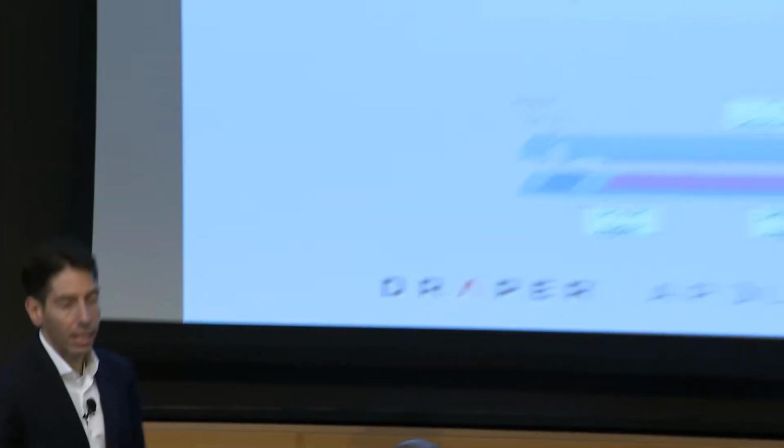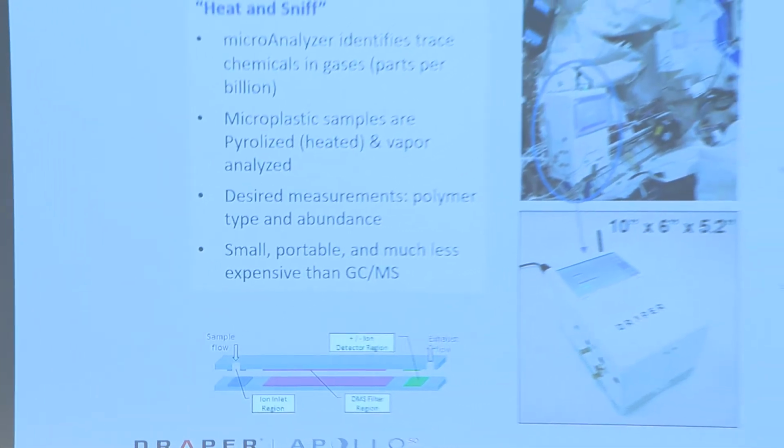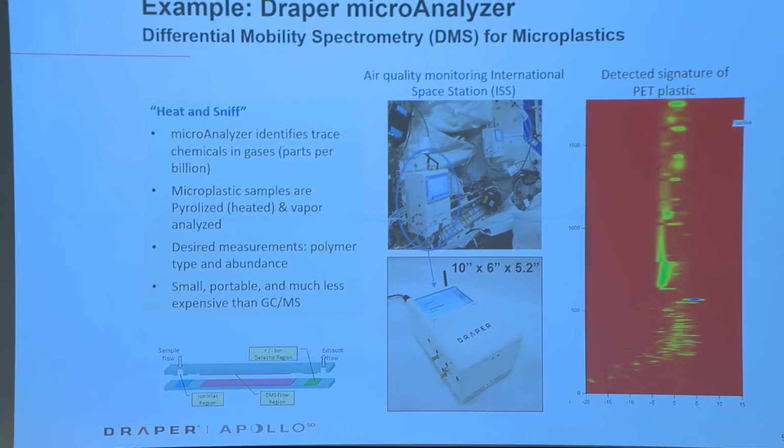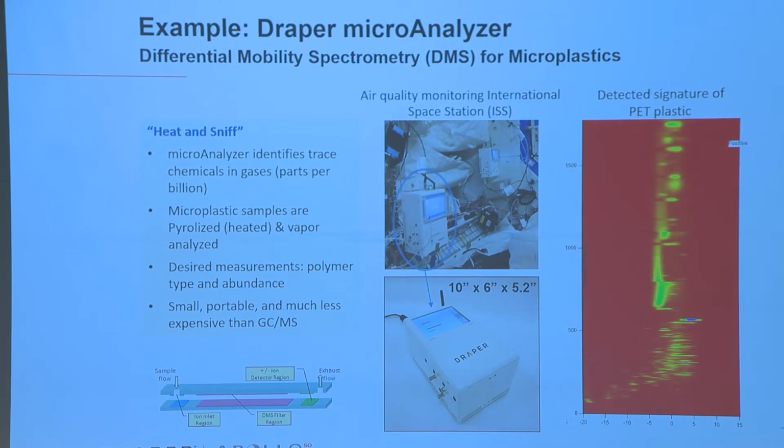So I just wanted to give a snapshot of one effort that we have going on now. There's a method that I think Ashok could elaborate on, which is identification of microplastics in samples by pyrolysis and GCMS, gas chromatography, mass spec. There have been some very encouraging results from use of those methods, but the equipment is very large and expensive.